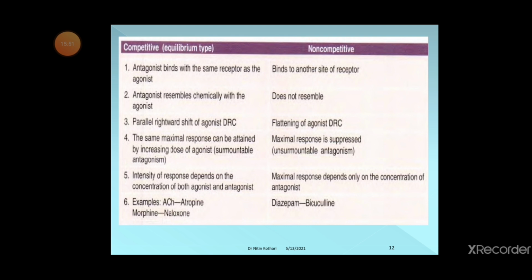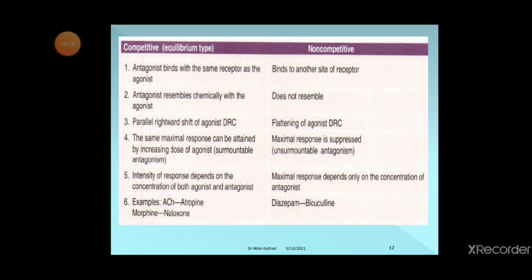So the concentration of agonist has been increased in relation to antagonist, so the effect of antagonist can be negated. The effect of competitive antagonist can be neutralized by increasing the dose of agonist.